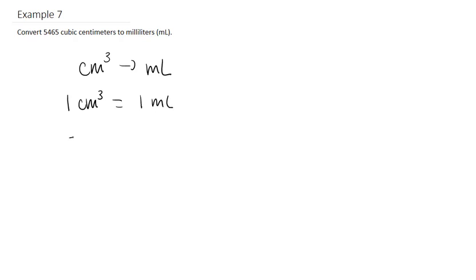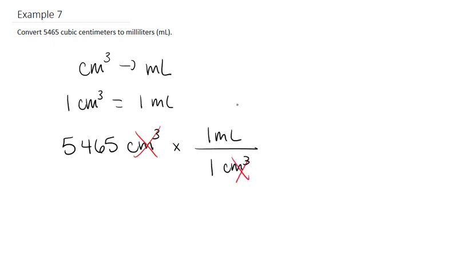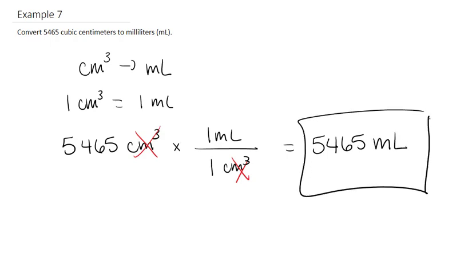So we would take 5,465 cubic centimeters, and then we're going to multiply it by 1 milliliter on the top and then 1 cubic centimeter on the bottom. We get rid of centimeters and we're left with 5,465 milliliters as our final solution.